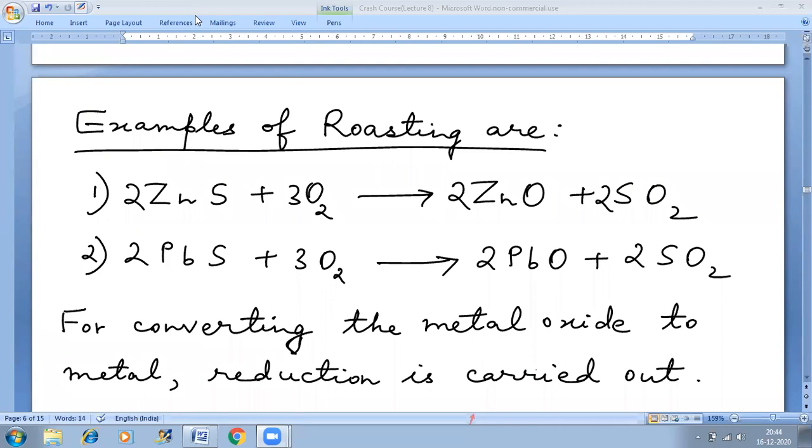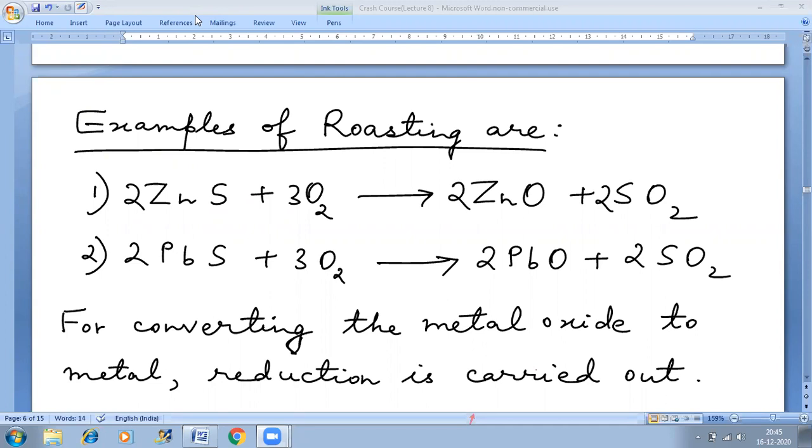When we obtain the metal after reduction, there is another, fourth step which is pending. That fourth step will be refining or purification of the metal obtained. That will be the last step of metallurgy.